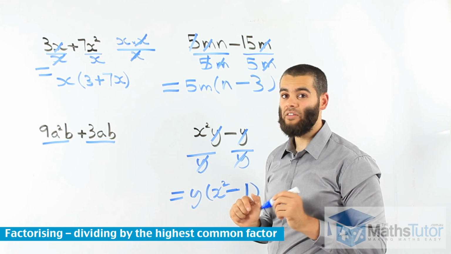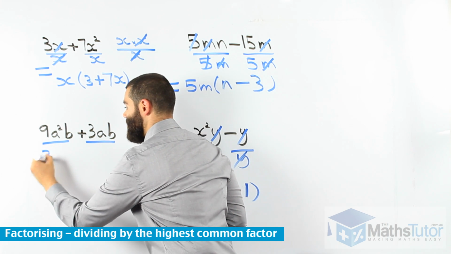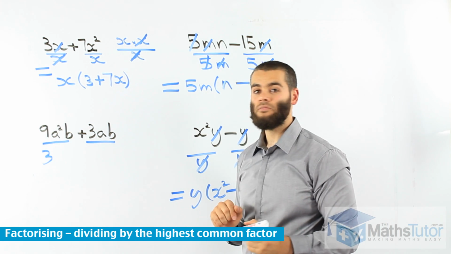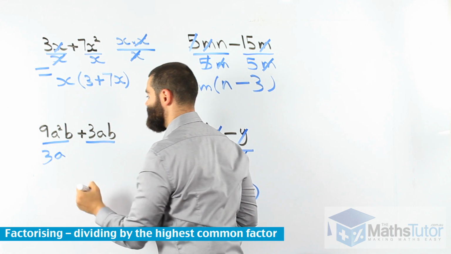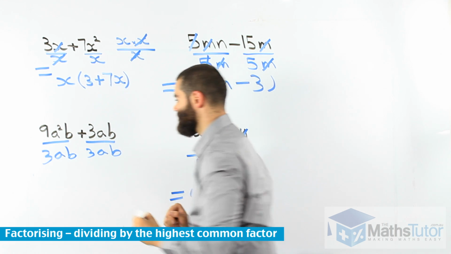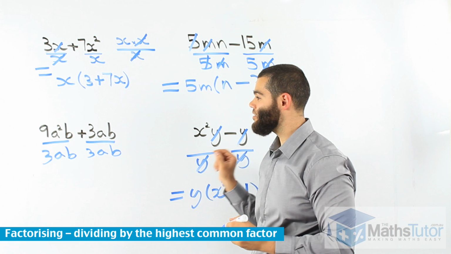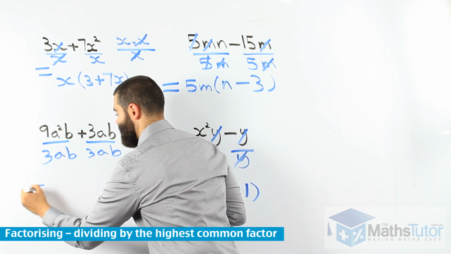Well, have you found the highest common factor yet? 3 goes into 9 and 3. We have an a squared, we have an a, so a is here and there, and we have a b. Very important that you look and you identify the whole highest common factor. That way you don't make any mistakes.